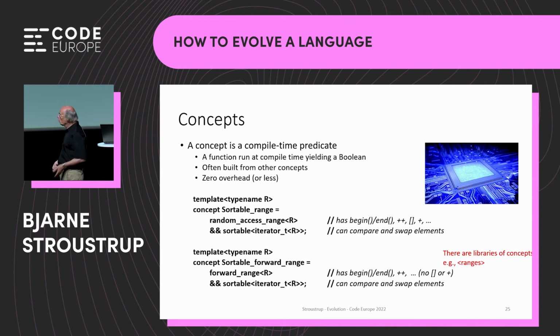Now, if I wanted to sort lists also, I just define my own here, sortable forward range, which is a forward range, and the elements are sortable through iterators of the right type. So basically the difference here is I have the random access operations, and I don't have them there.